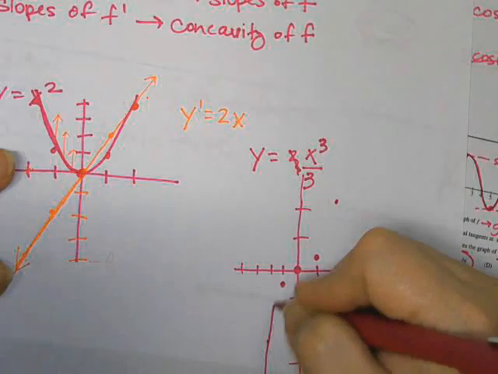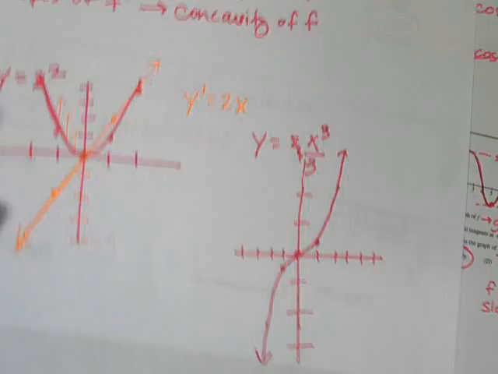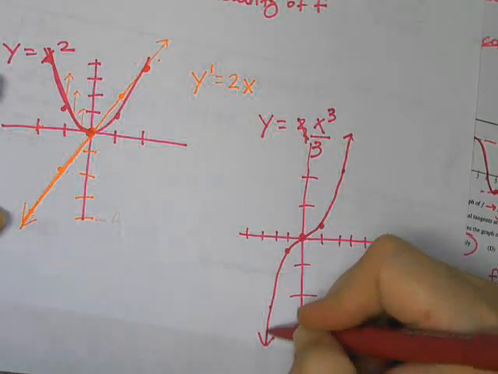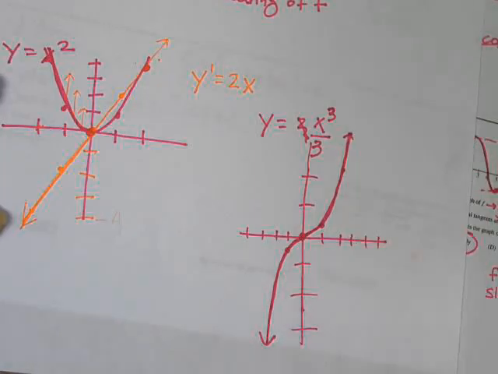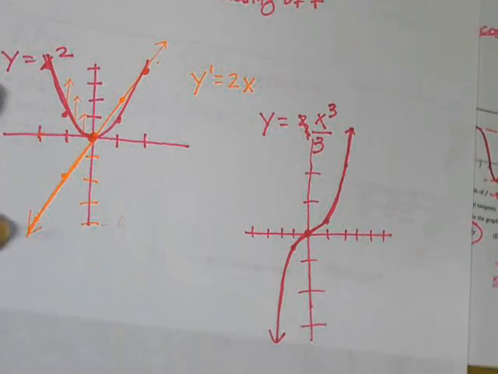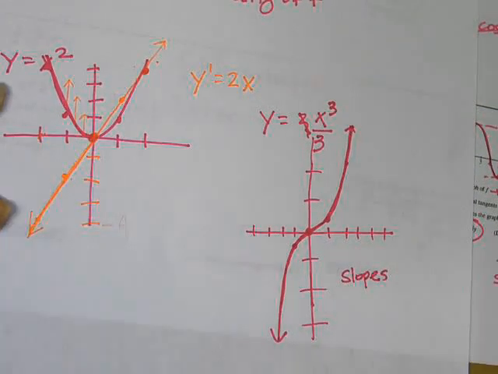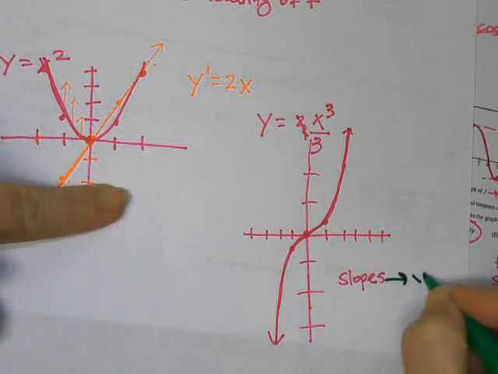And then this is negative slope, where this was concave down, and it has positive slope, where this was concave up. Because the slopes on my derivative represent the concavity of my function, and the y's on my derivative represent the slopes of my function. So positive slope everywhere on your function means positive y values everywhere on your derivative. Does that kind of make sense a little bit?